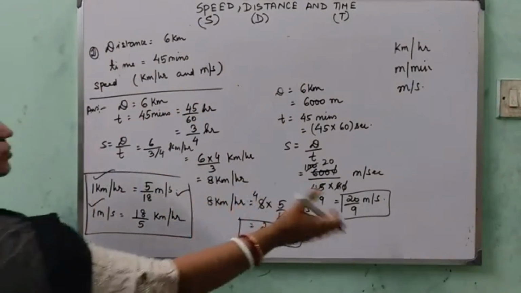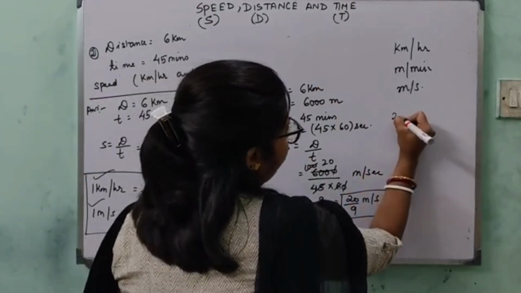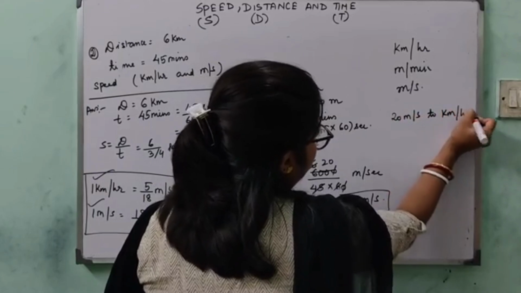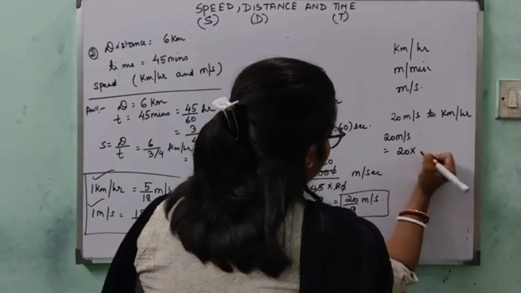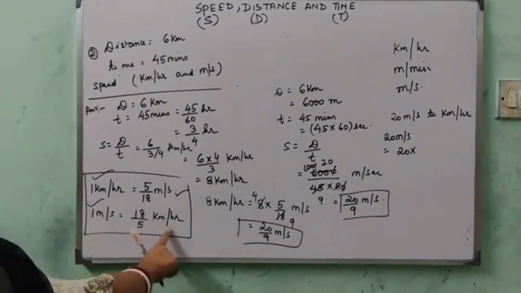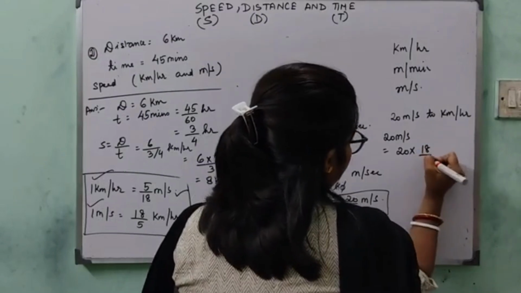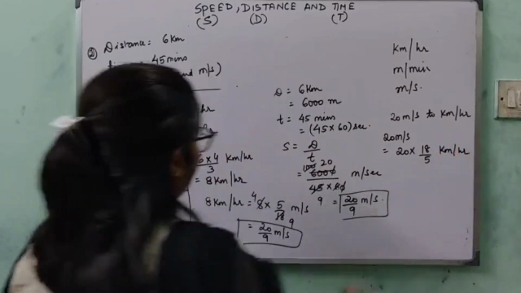You could have also first got your answer, 20 by 9 meter per second. To convert it to kilometer per hour, let's see. So 20 by 9 meter per second means 20 by 9 into, now from meter per second to kilometer per hour it is 18 by 5, that much kilometer per hour.